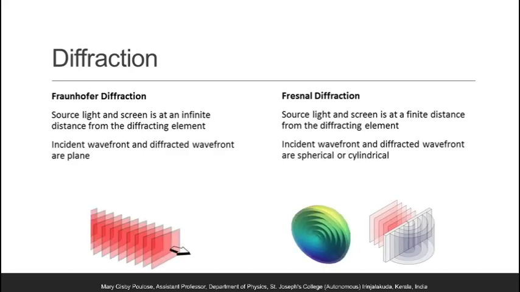Here, for Fraunhofer diffraction, the incident wavefront and diffracted wavefront are plane, whereas for Fresnel diffraction, the incident wavefront and diffracted wavefront are spherical or cylindrical. Now, Fraunhofer diffraction is easier to view in a spectrometer, whereas Fresnel diffraction is not easy to view using a spectrometer. Now let us look into the setup for Fraunhofer and Fresnel diffraction.